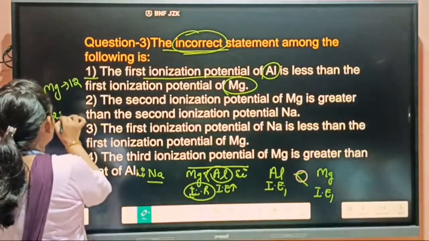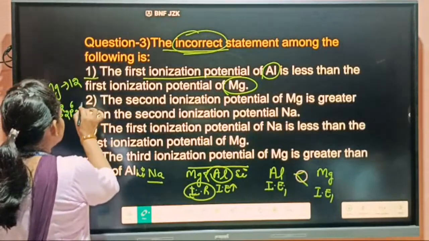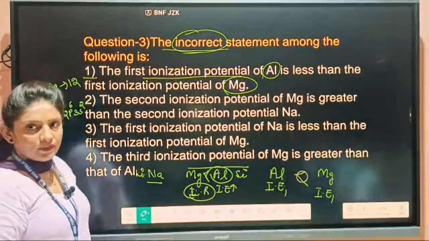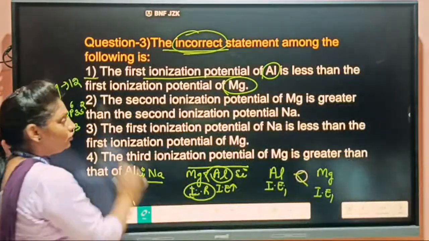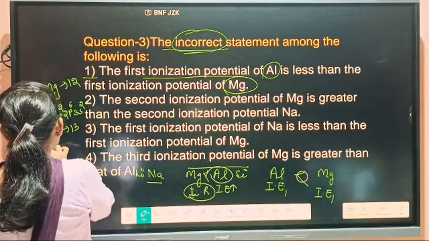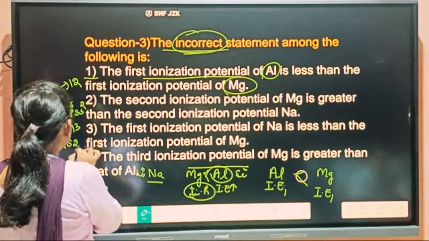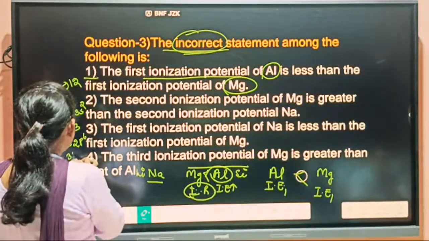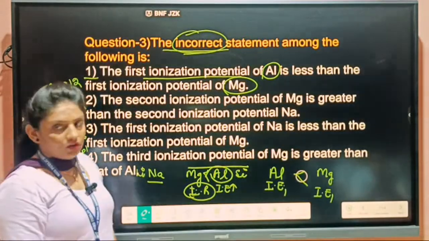1s2, 2s2, 2p6, 3s2. Okay. Then write down the configuration for aluminium also. For aluminium, atomic number is 13. So the configuration is 1s2, 2s2, 2p6, 3s2, then 3p1. Okay, students.